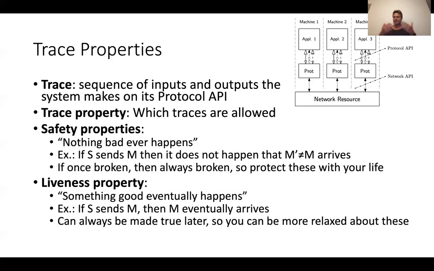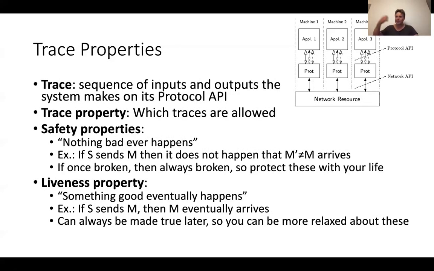And often it turns out they look natural. For example, if a message is sent, it will eventually be delivered exactly once. You can write it as a combination of a liveness property and a safety property. The liveness property is: if a message is sent, then it's eventually delivered at least once. That's a liveness property. Once it was delivered, it can never be broken again, because we allow it to be delivered several times. And the safety property would be: it never happens that a message is delivered more than once.